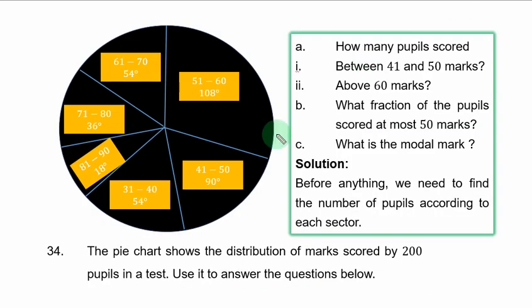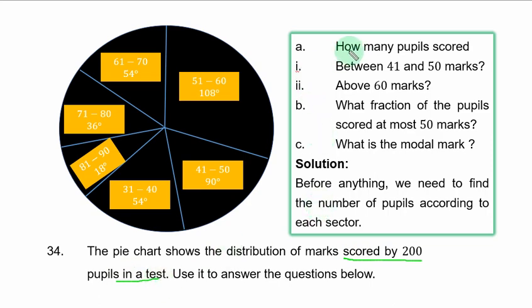Example 34. The pie chart shows the distribution of marks scored by 200 pupils in a test. Use it to answer the questions below.